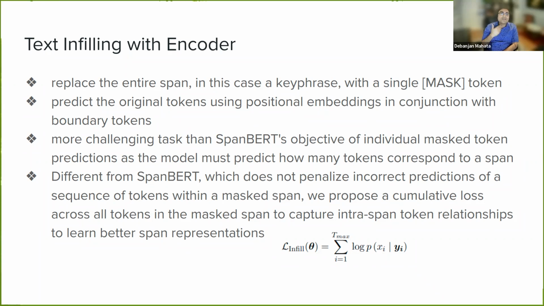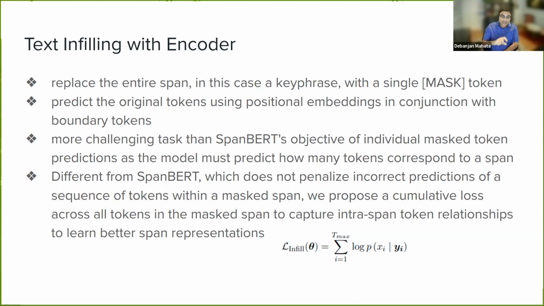As the model must predict how many tokens correspond to a span, that's why we have another head which tries to predict how many tokens are there in the key phrase. And different from SpanBART, the SpanBART objective does not penalize incorrect predictions of a sequence of tokens within a mask span.